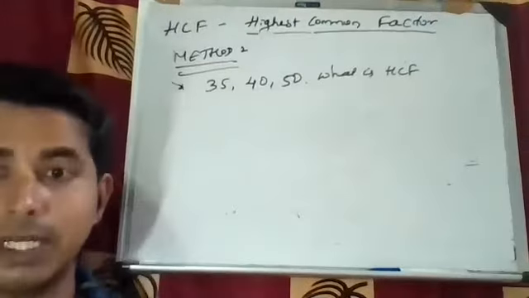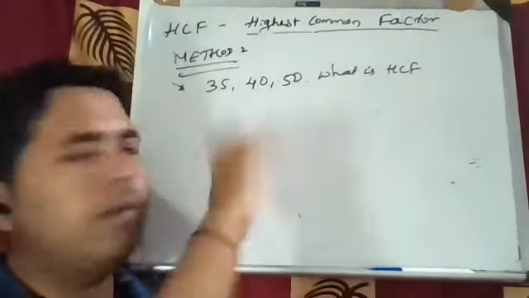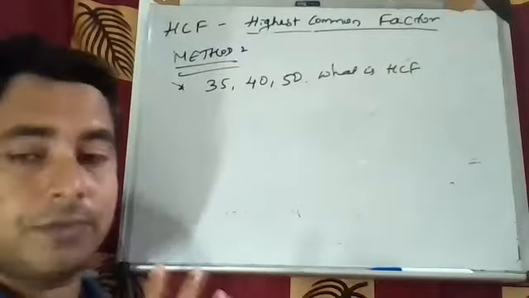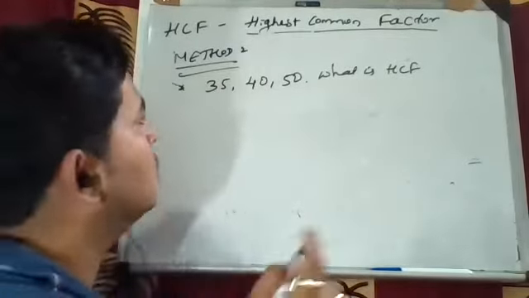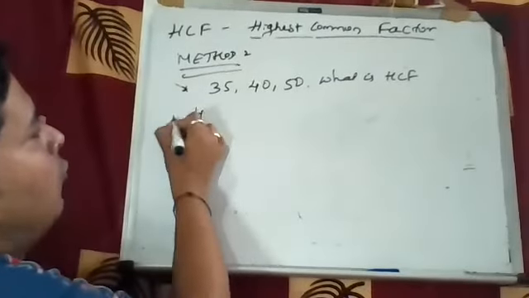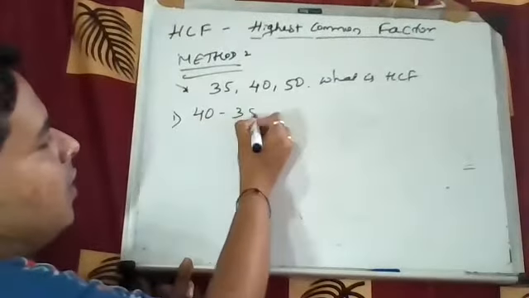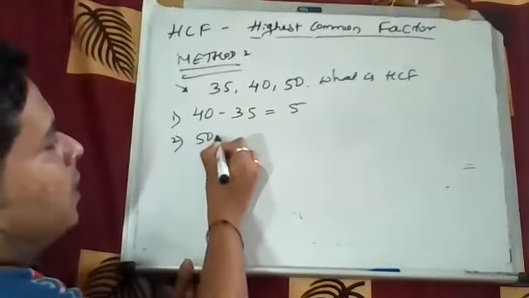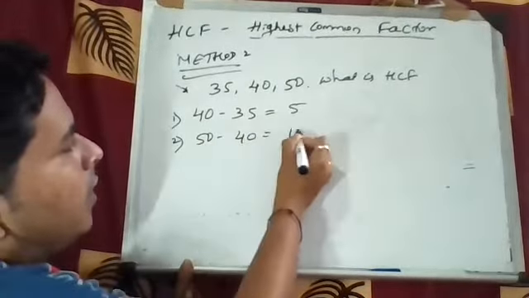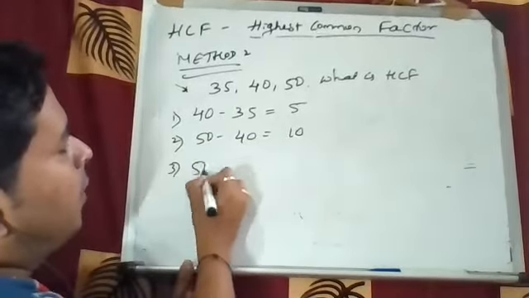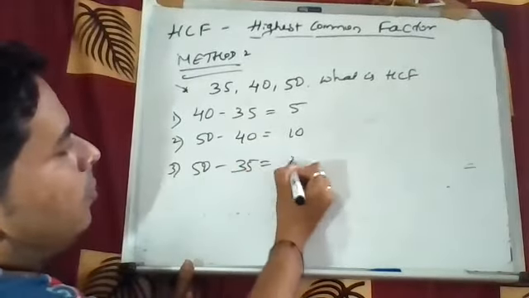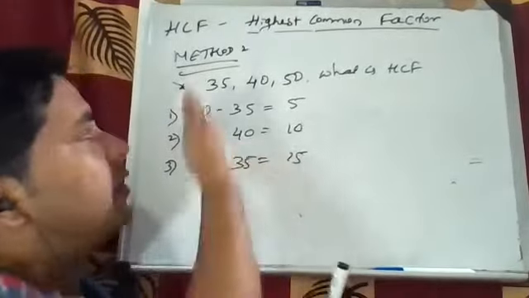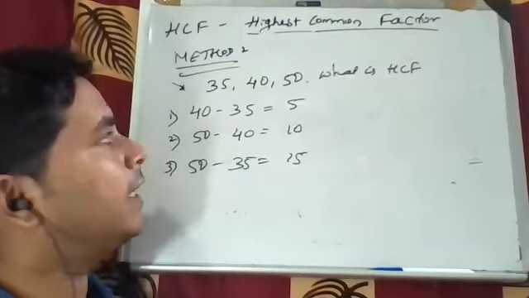Here three numbers are there. With two numbers I was doing the difference, so here also take the differences. First, 40 minus 35 is 5. Second, 50 minus 40 is 10. Third, 50 minus 35 is 15. Now, which is the least number which divides 35, 40 and 50?